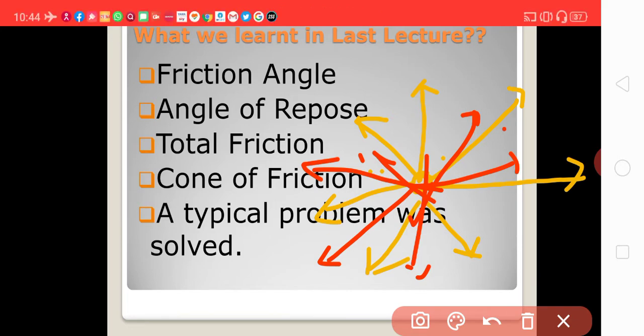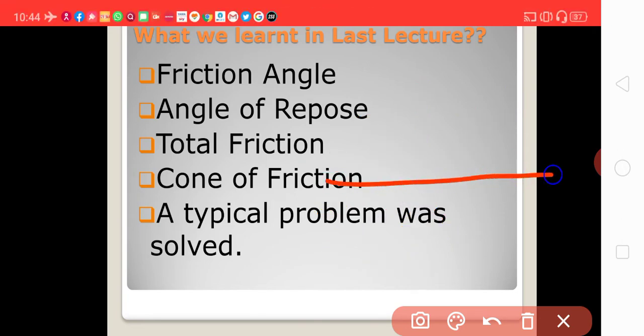In this way, you will find that the total reaction will make a conical volume.